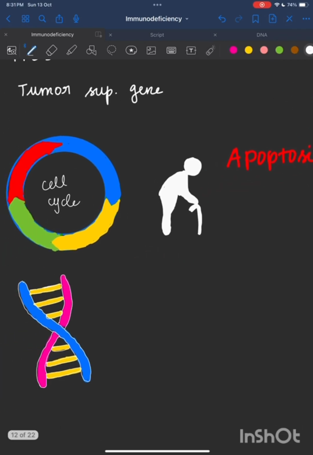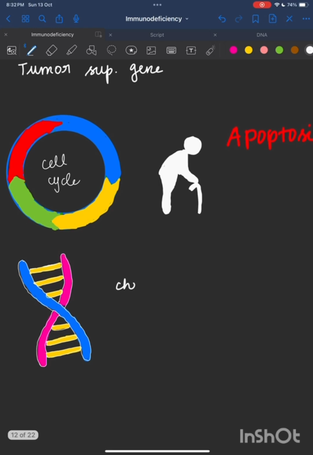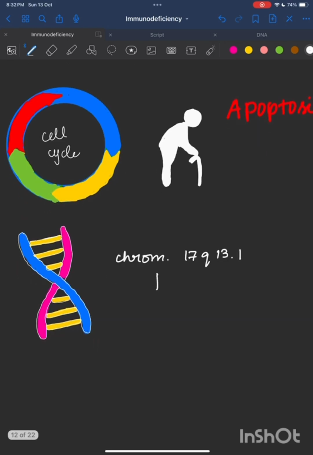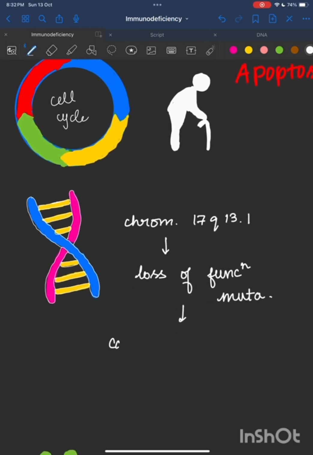It is located on chromosome number 17q13.1, and if there is any loss of function mutation, it leads to carcinomas like carcinoma of lung, carcinoma of breast, and carcinoma of colon.